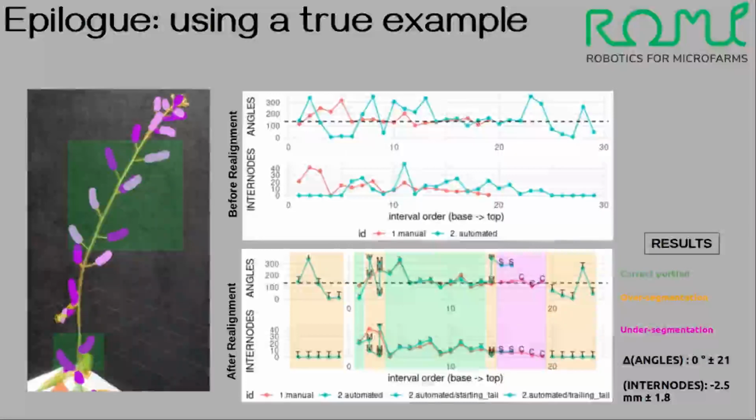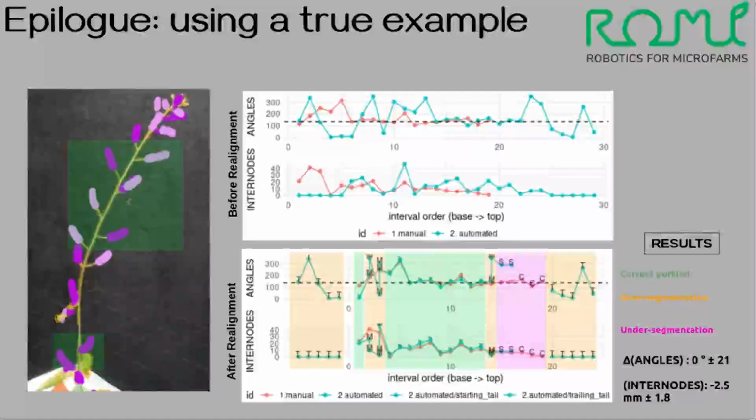In the previous plant I showed you, before realignment, I had clear differences between the manual and automated measures. Using sm-dtw now, we can clearly find segments of perfectly aligned measures, here in green. We have segments of over-segmentation and segments of under-segmentation.